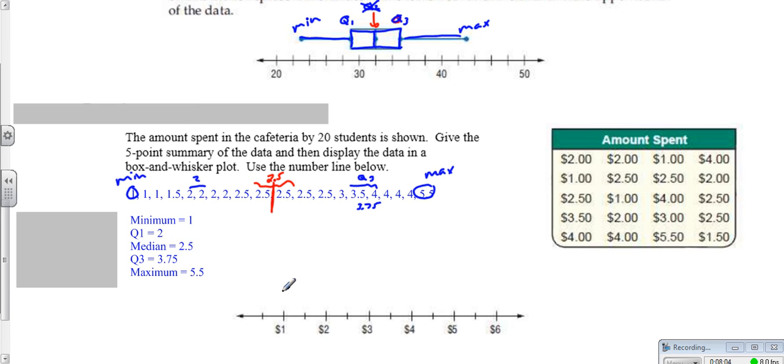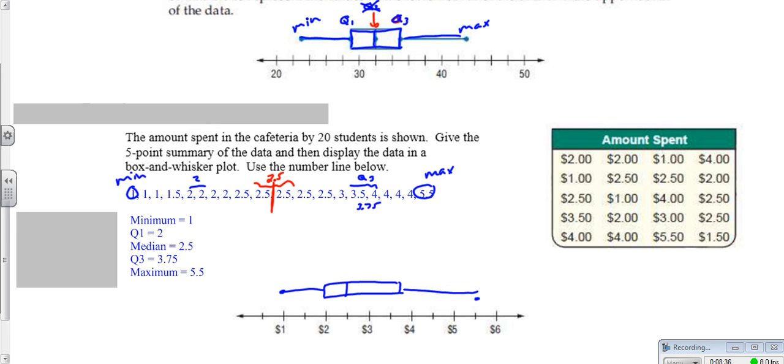If we graph those, we have minimum is 1, maximum is 5.5, median is 2.5, so I'll put a bar. Lower quartile is 2, so another bar. And upper quartile is 3.75, so here's 3.5, here's 3.75. We make a box, with the outsides being the quartiles, and there's our whisker.